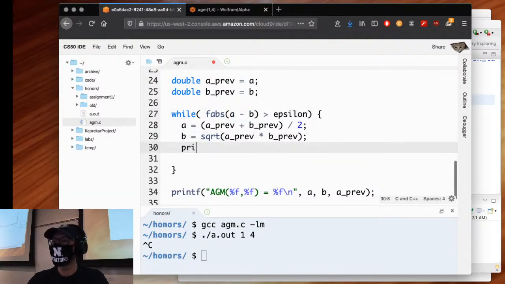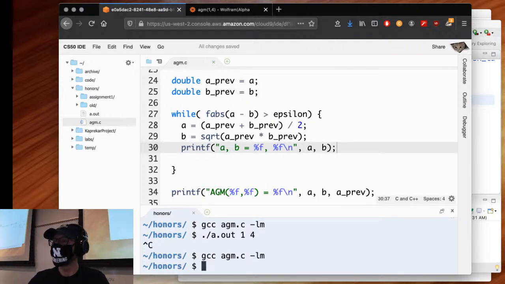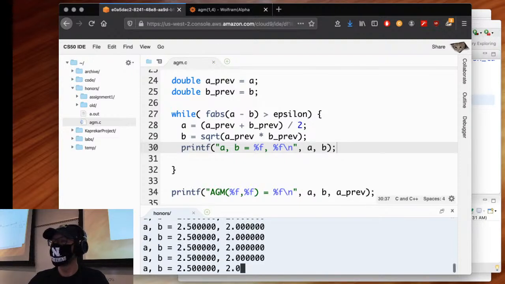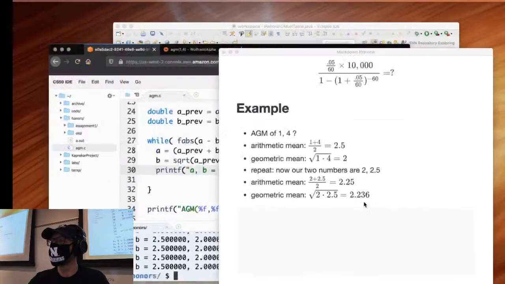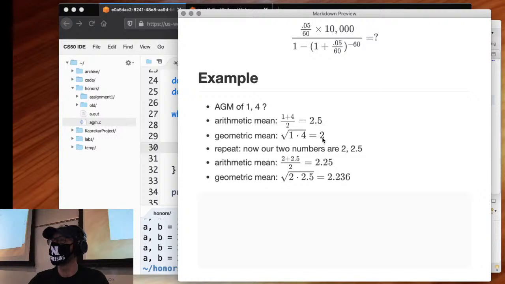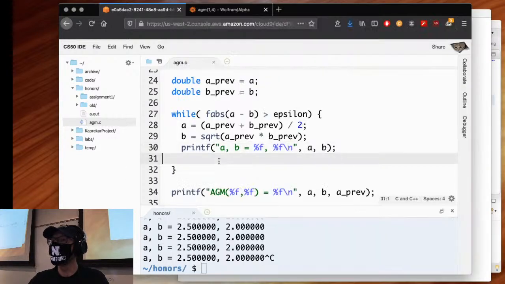I can prove that to you, printf. A and B are equal to %f, and the line A and B. It's just doing that first iteration, 2 and 2.5. Right, that we did over here, 2 and 2.5. So what do we need to do? We need to update the previous values because A and B are our current values.